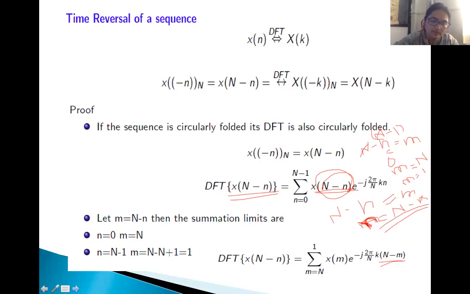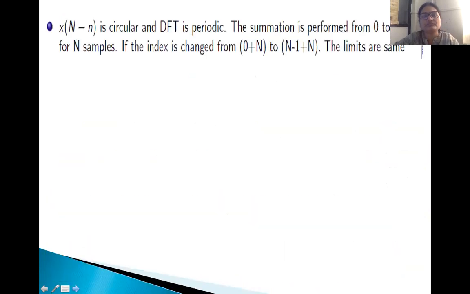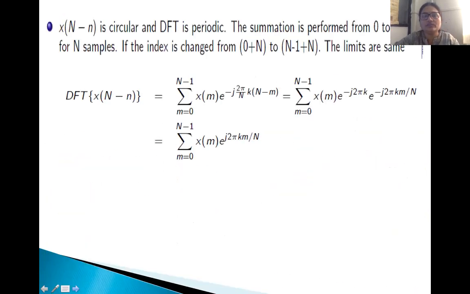So next we will further write down. Instead of here 1 to N, instead of that I have taken the range from 0 to N minus 1. Totally we will have N number of samples.